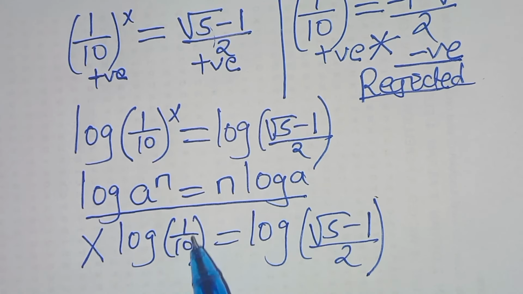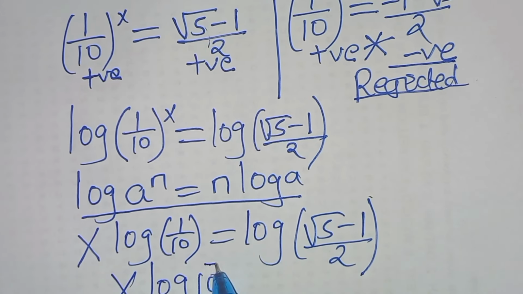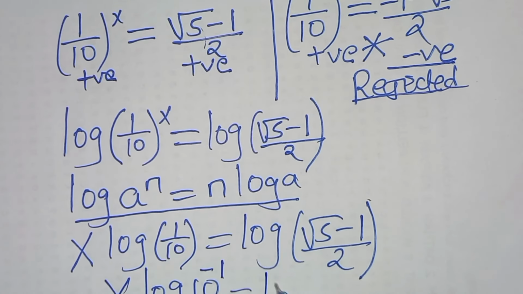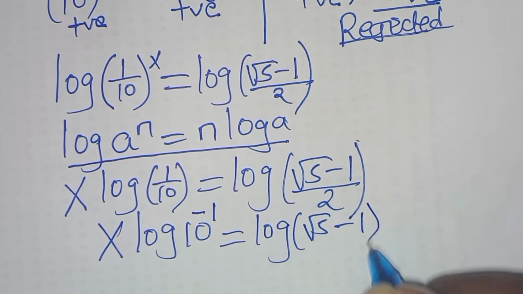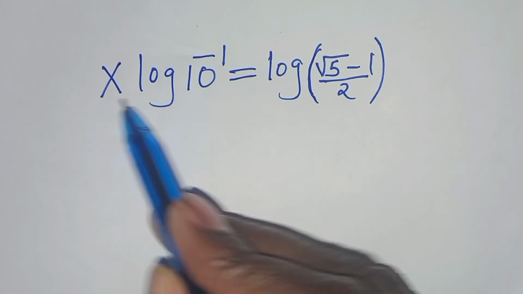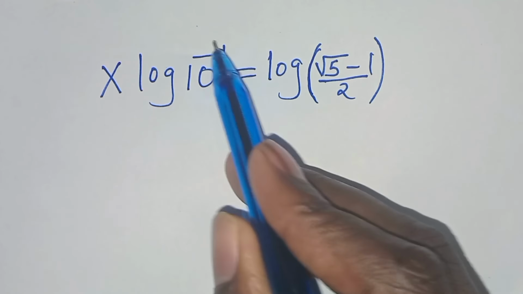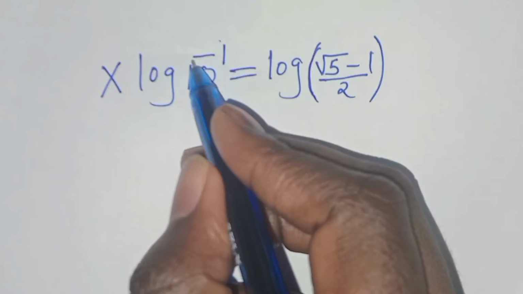Now the next step is that log 1 over 10, we can express this as x log 10 raised to the power negative 1, equal to log of square root of 5 minus 1 over 2. Now here we have x log 10 to the power negative 1. Now this negative 1 is a power.